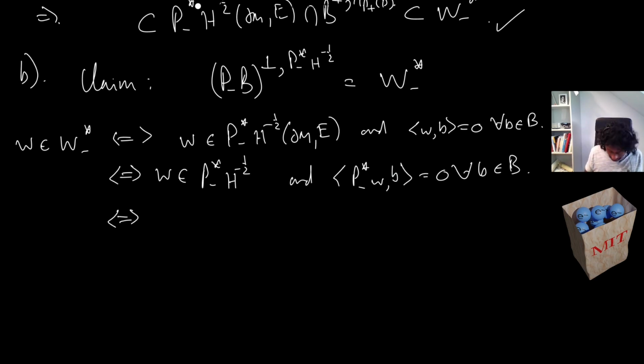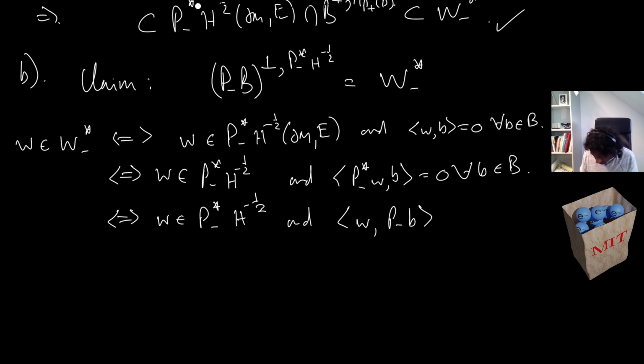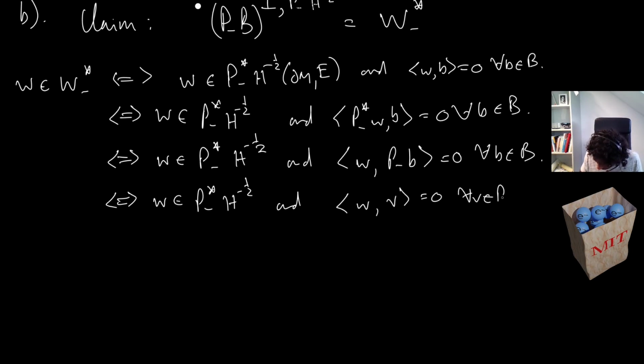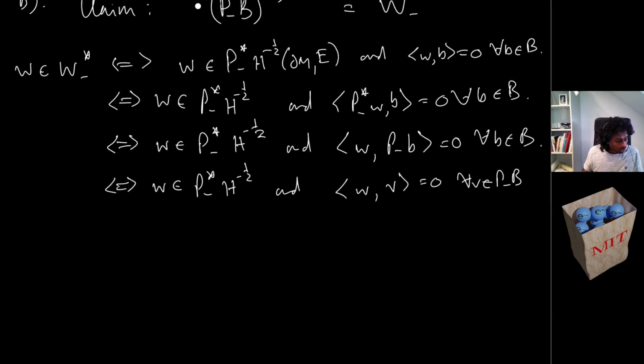So now, again, this is going to occur if and only if we're in H minus a half. And now I'm going to pull the projector across. P minus of B for all B in B. Okay. So this occurs if and only if we have W in P minus star H minus a half. And now we have P minus B here. So WV equals 0 for all V in P minus B. Okay?